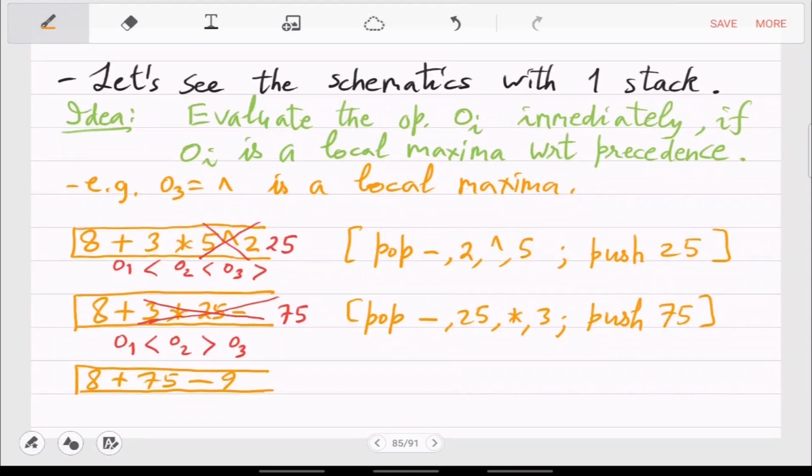Well, I am doing it with one stack. So in the stack you would have pushed minus, or at least you would have observed minus, to decide that O2 is a local maxima. If you don't see minus, then this O2 has to wait, because the next operator could have been anything.